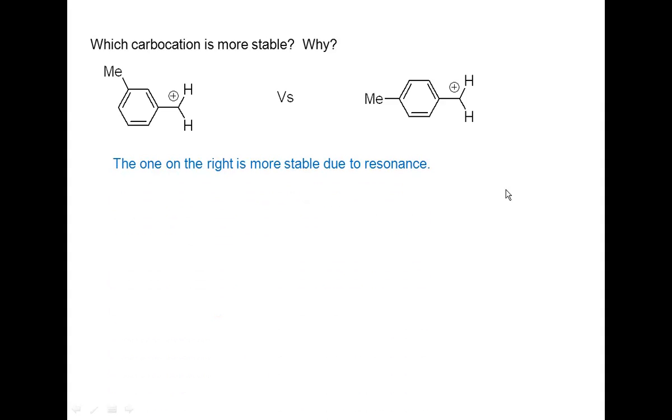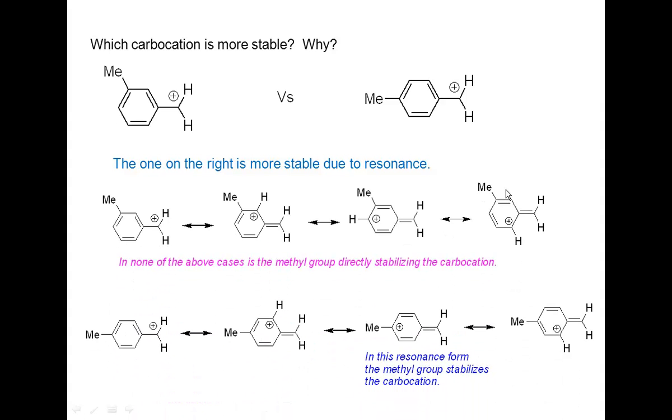Well, it turns out the one on the right is more stable, and it's more stable due to resonance. Okay, let's look at how the resonance plays out here. Alright, so here's the top one, or the left one.